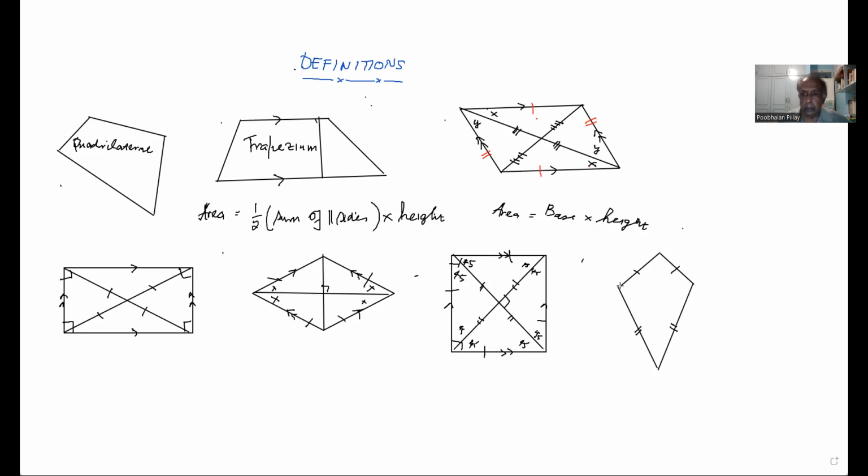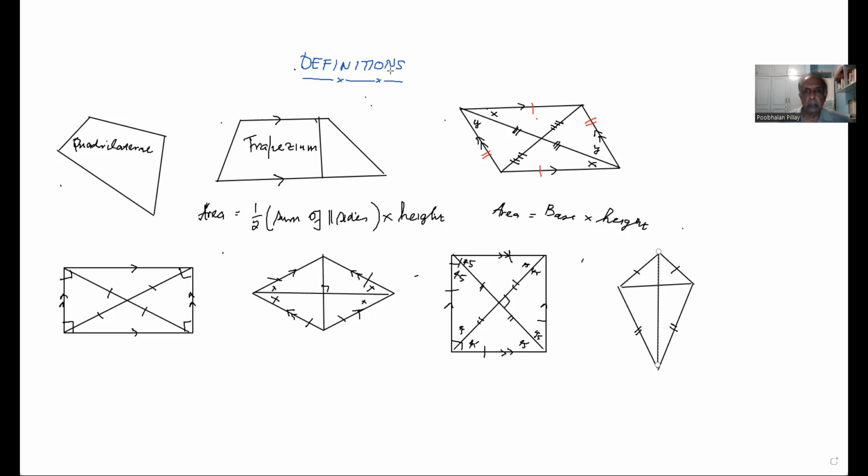You have one of the diagonals, the diagonal which joins the two vertices of the isosceles triangles, these two isosceles triangles on both sides. If you join the vertices of the isosceles triangles, that is perpendicular to the other diagonal. Not only that, it actually bisects it.